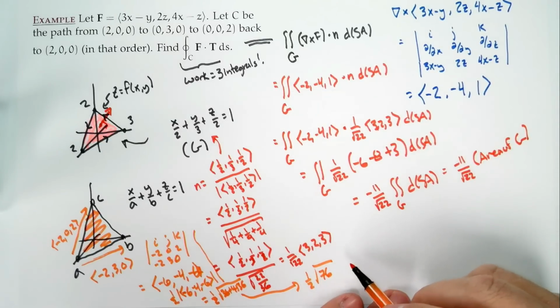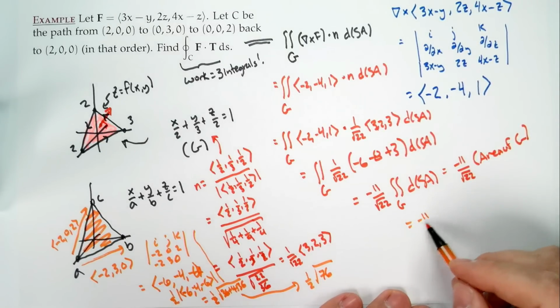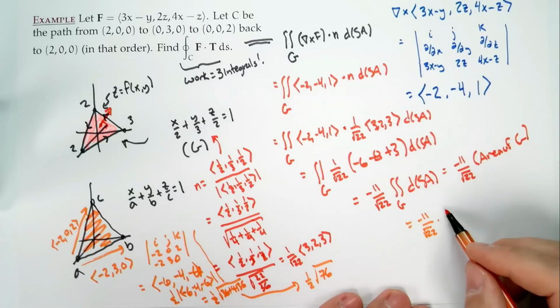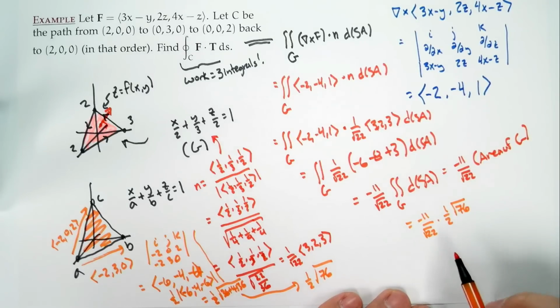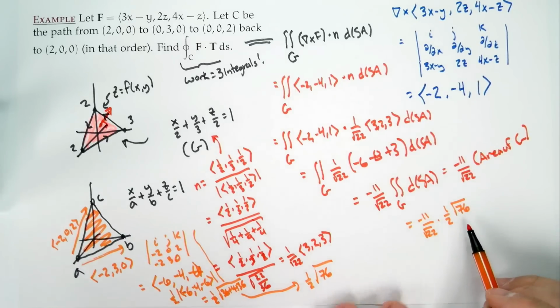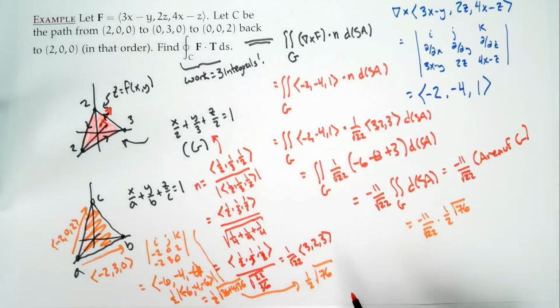So, putting those two together, we have -11 over square root of 22 times 1/2 times square root of 76. Now, things could be better, and they are. Well, we can simplify. Square root of 76 is not nice. All right, let's see what's going on here. We added wrong.